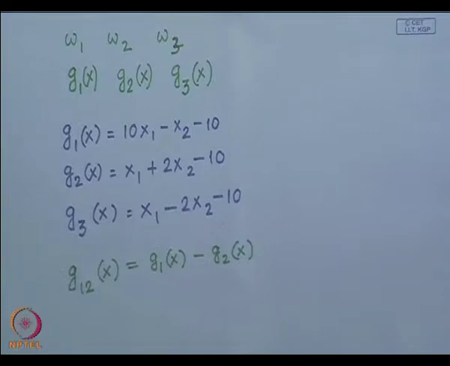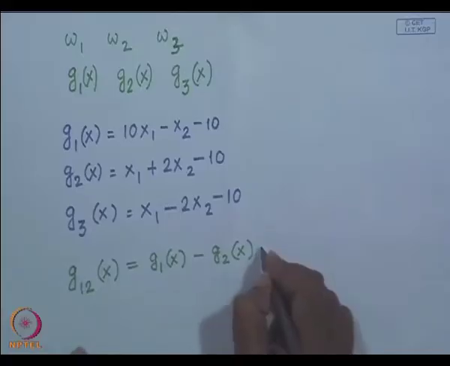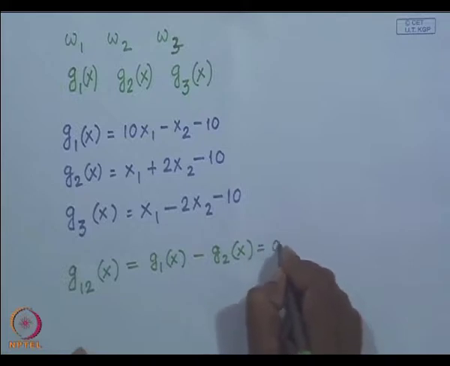If this g12x is positive, then obviously x belongs to class omega 1 when I compare between classes omega 1 and omega 2. So, the decision boundary between the classes omega 1 and omega 2 will be given by g12x equal to 0, or g1x minus g2x equal to 0.